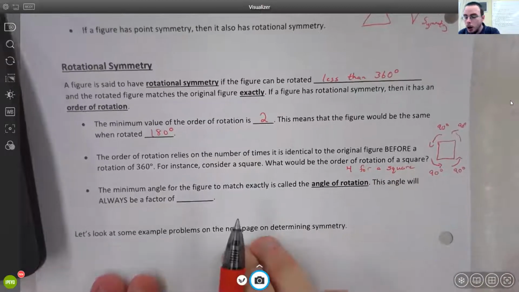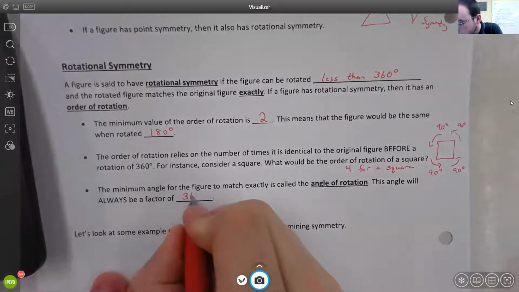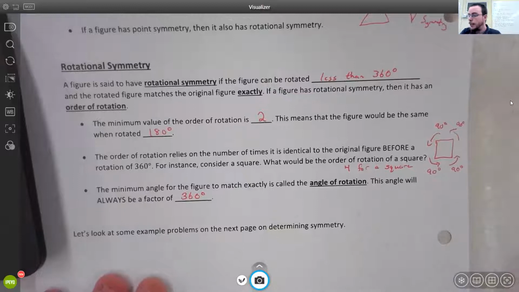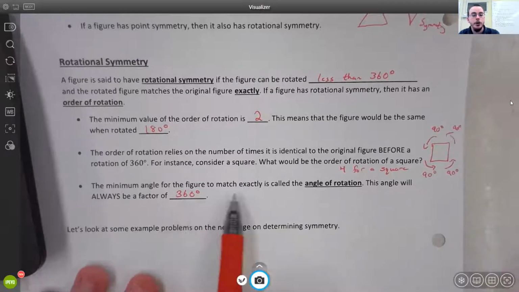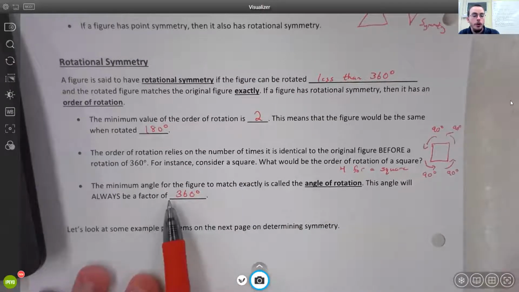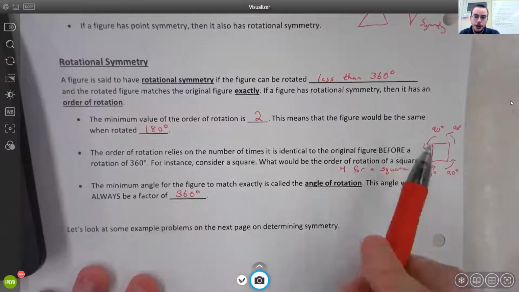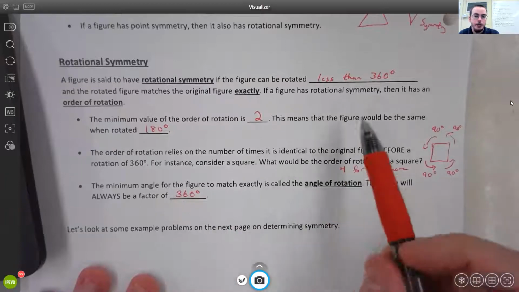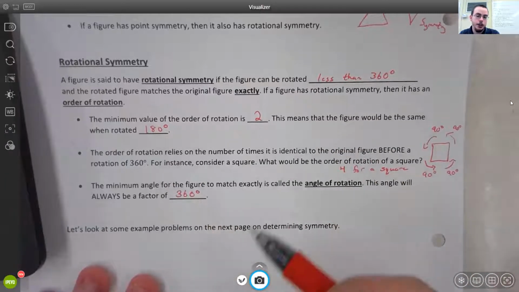And this angle will always be a factor of 360 degrees. So that means that when the shape is rotated, the angle will always divide evenly into 360. So for example, 90 goes into 360 4 times, 180 goes into 360 twice.